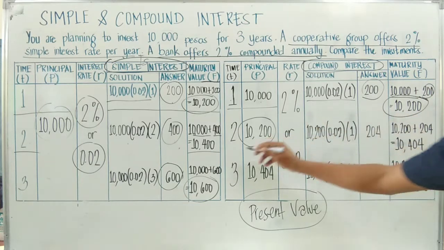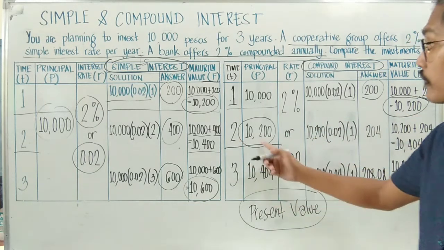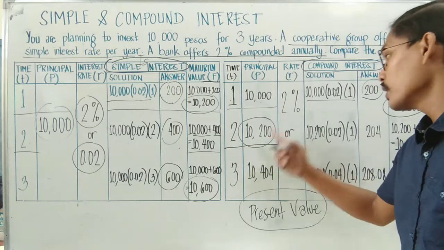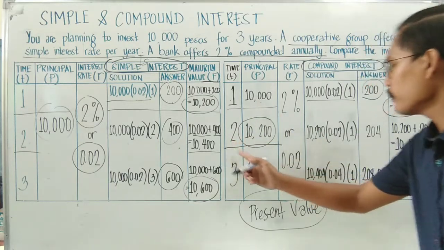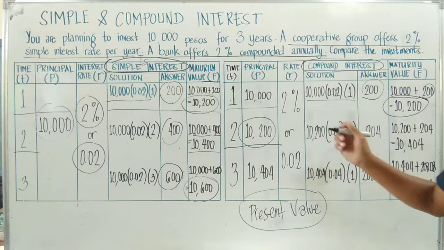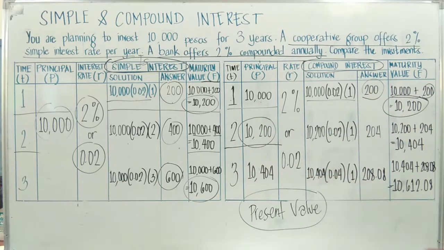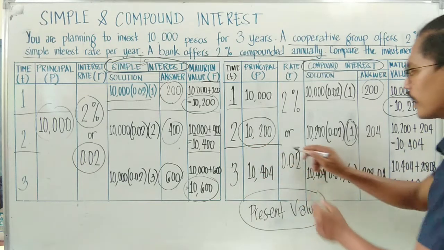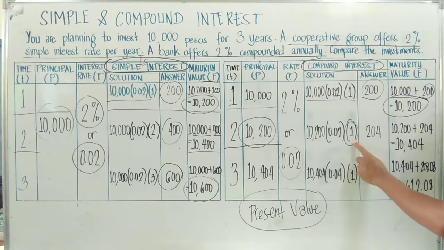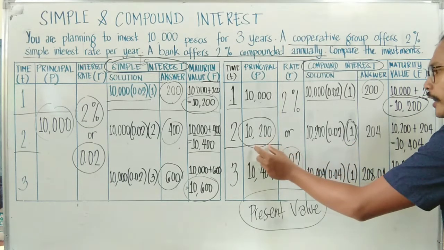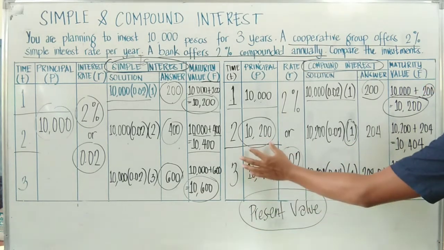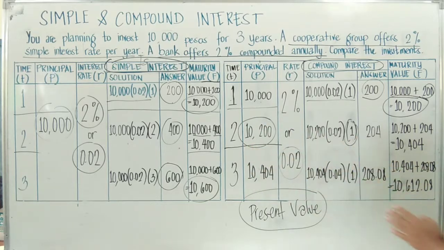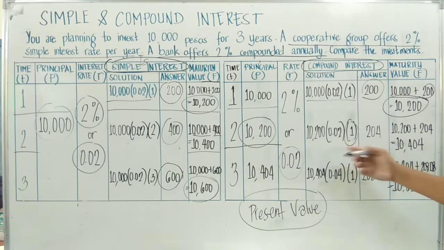So let us continue. In the second year of the investment, the principal is now 10,200 times the time, which is 2, but we will not multiply 2. You can see 10,000 times the rate times 1. So we are basing your investment year by year, or annually, in this compound interest.